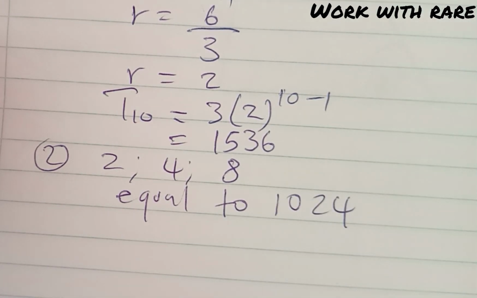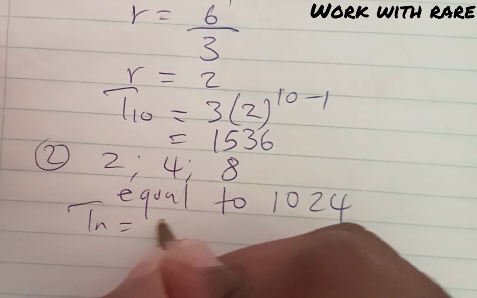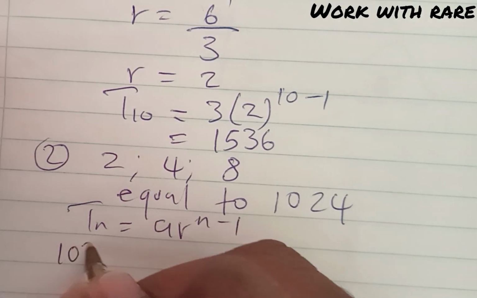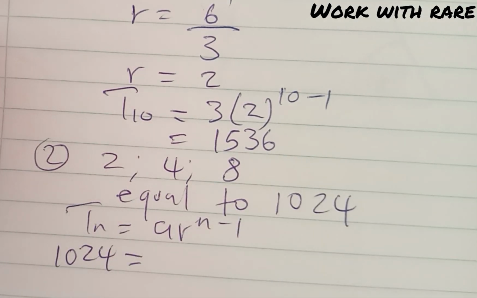At this point, remember, it's geometric, which means we will use this formula. So where I see Tn, I will substitute 1024. It's the same as arithmetic, just that in my previous video I was doing arithmetic, now I'm doing geometric.